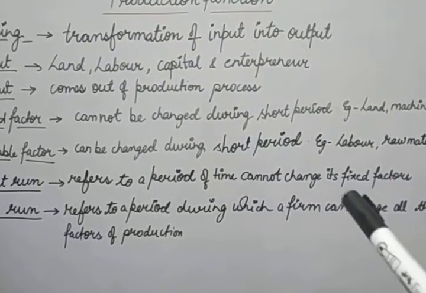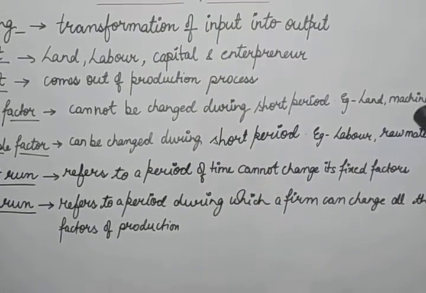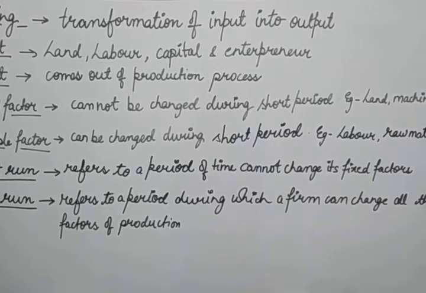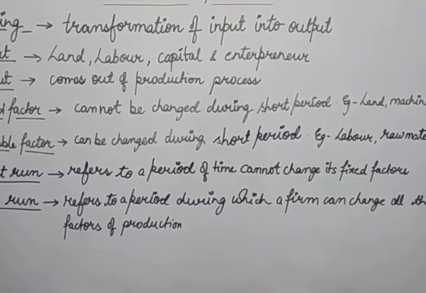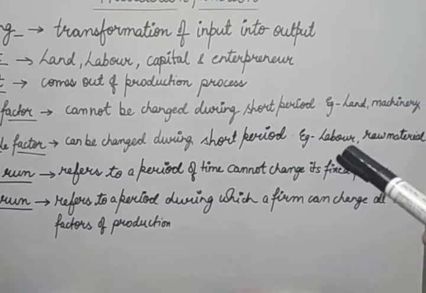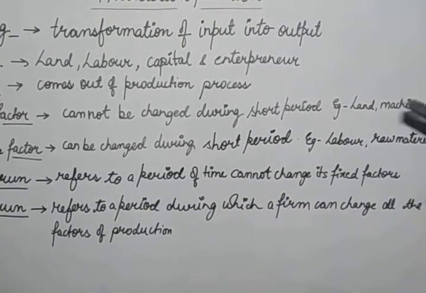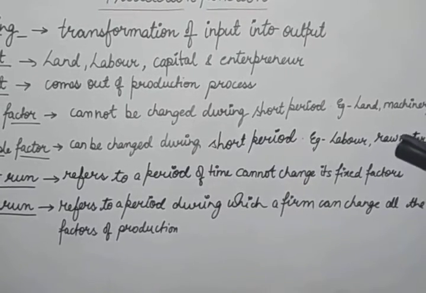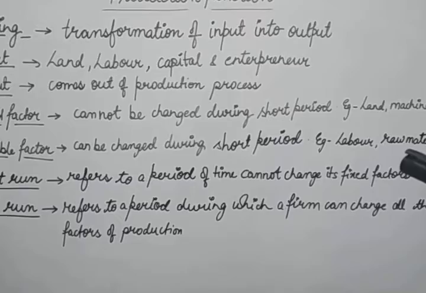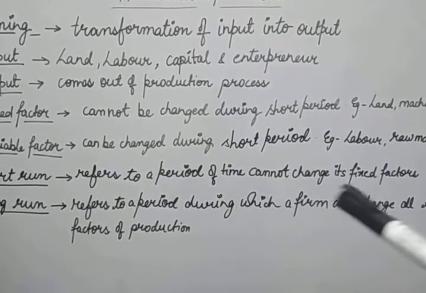Suddenly within a month you cannot increase the land, the machinery, the plant, building, but variable factors we can change. Labor we can increase or decrease, raw material also, and other variable factors also in the short run period.